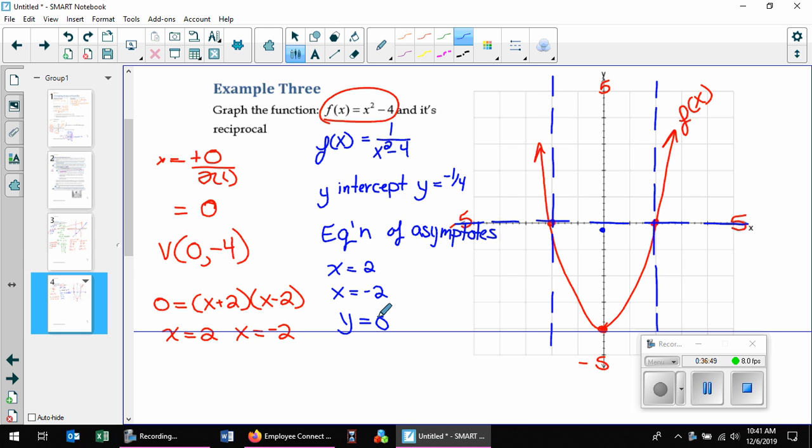I want them to follow along. These ones are my asymptotes. This one is standard issue in grade 11. For the equations of asymptotes, write each equation out. I'd like to see them each listed out.